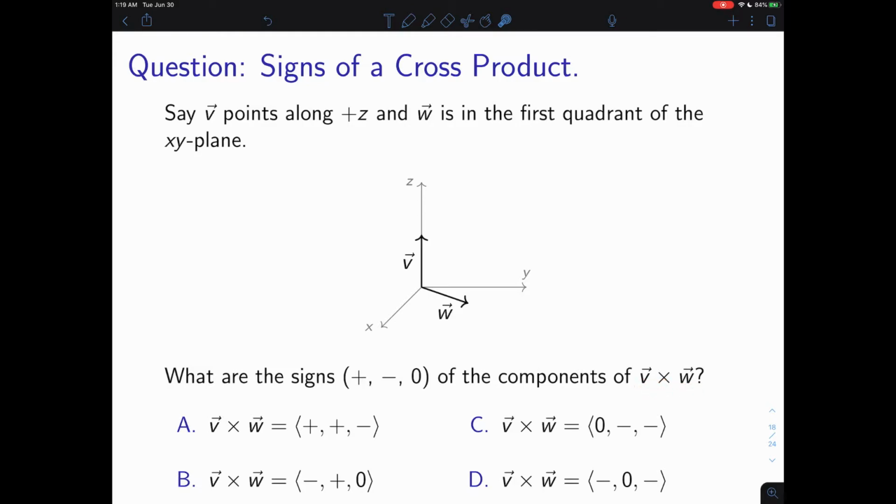If we do the cross product V cross W and look at the vector components of it, are those components positive, negative, or zero? Are they positive, positive, negative; negative, positive, zero; zero, minus, minus; or minus, zero, minus? So think about that, pause the video and get out your right hand and give it a try. Do V cross W, cross product. What do you get?